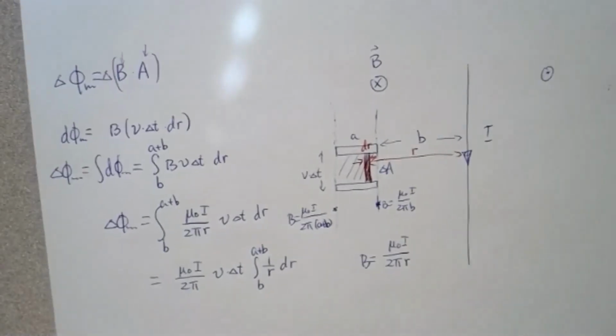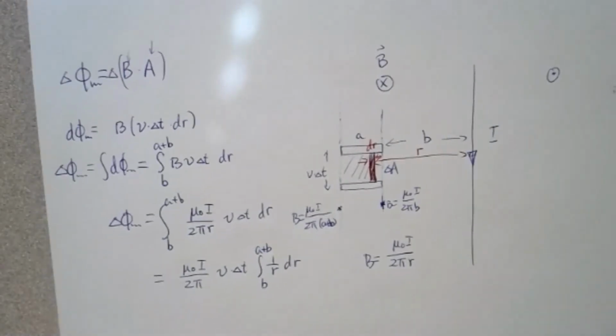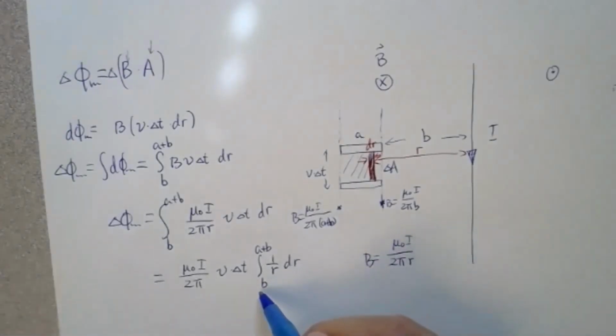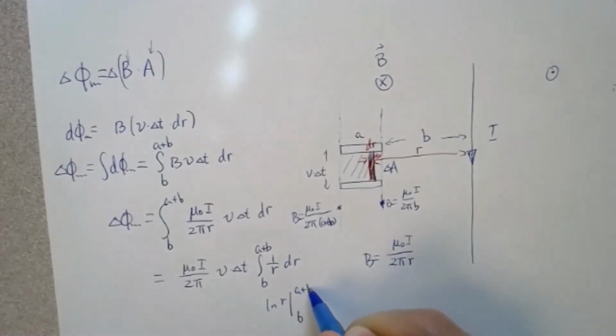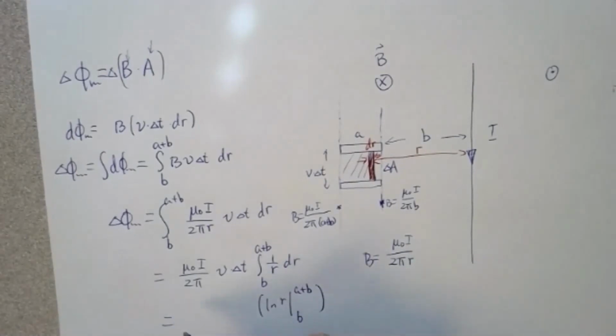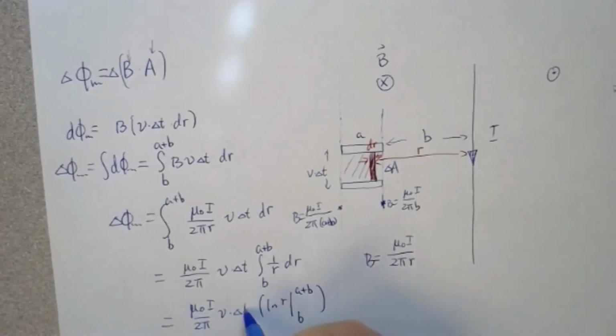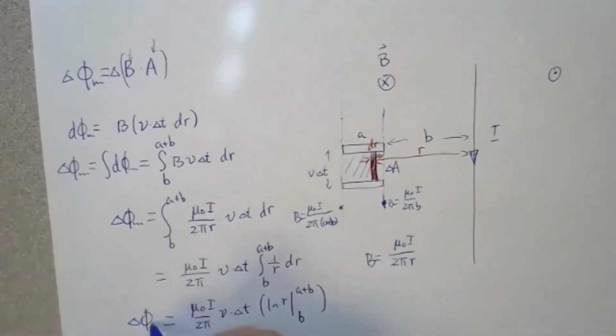The integration of 1 over r dr will give you ln of r, the natural logarithm of r, from b to a plus b. And then mu naught I over 2 pi times v times delta t equals your delta phi.